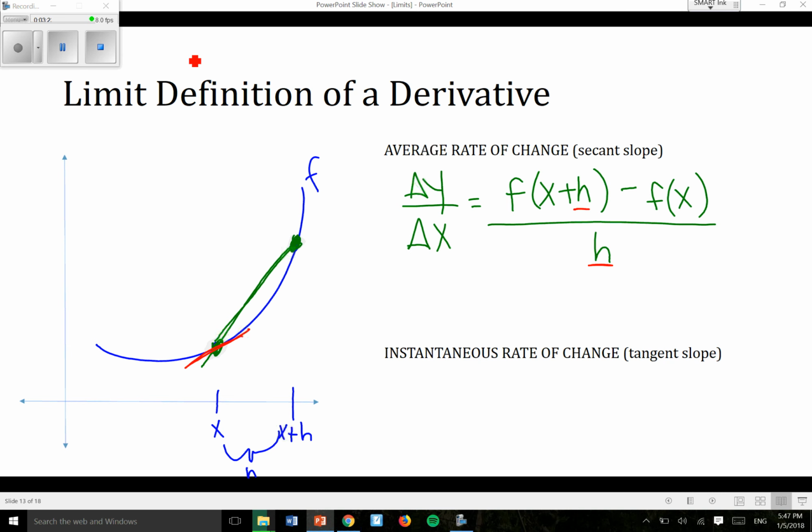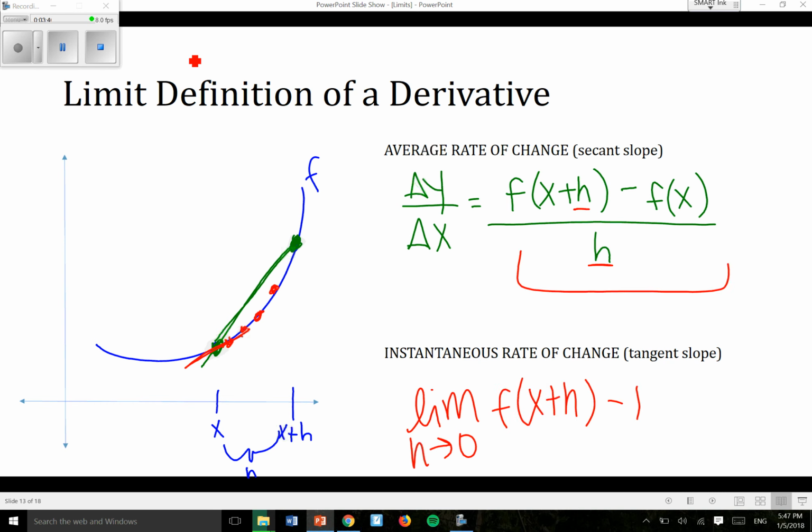But what we can do is get h really, really close to 0. Get these points infinitely close together, and then look at the limit as h goes to 0 of this difference quotient. And looking at that limit, looking at what that secant slope is approaching, will tell us that instantaneous rate of change, or the tangent slope, at the point x.